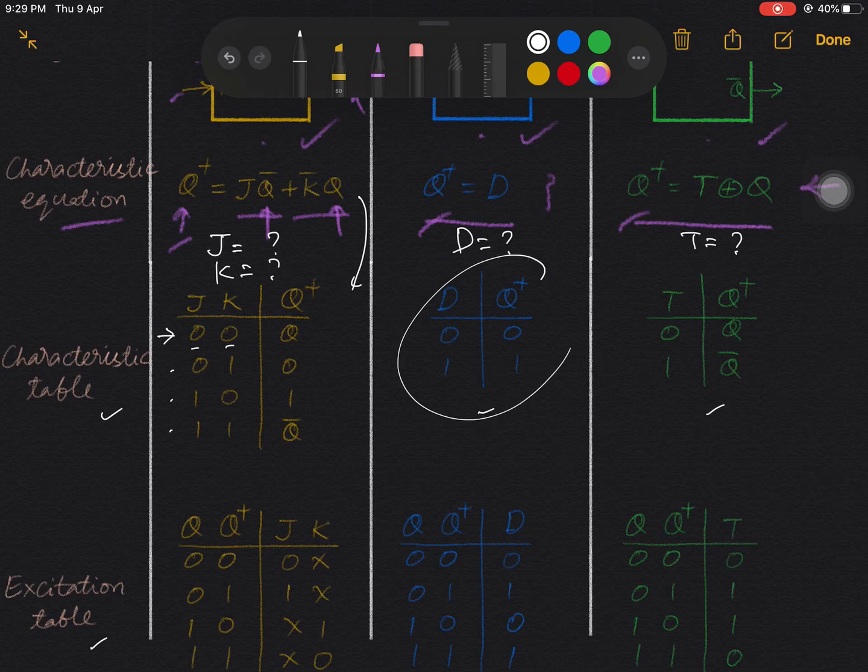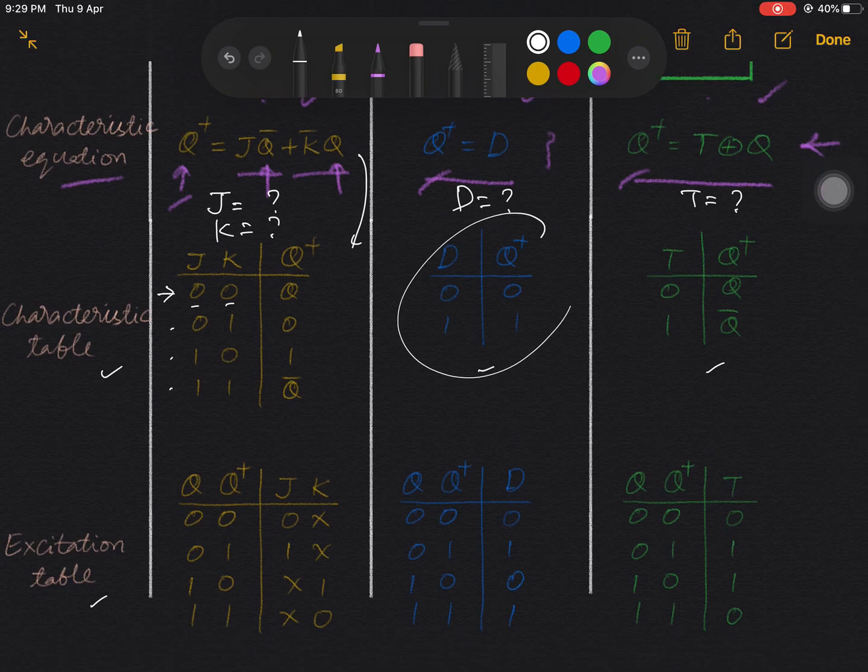And secondly, we have the excitation table. The excitation table and the characteristic table are in fact equivalent, but the excitation table is like looking at the circuit from another perspective. So alright, this is how to read the excitation table. Let's follow the first line of the excitation table of the JK flip-flop.